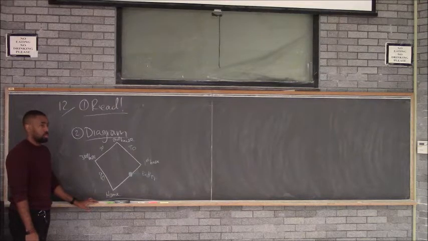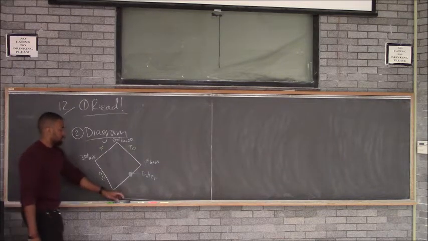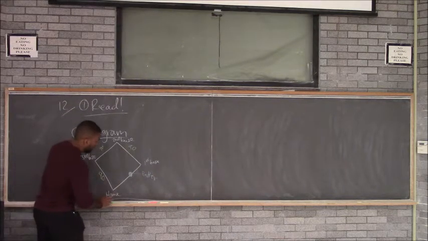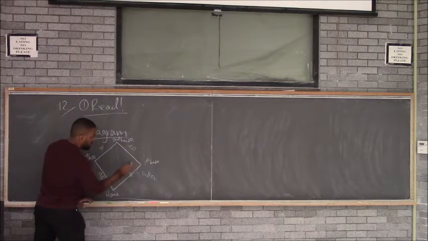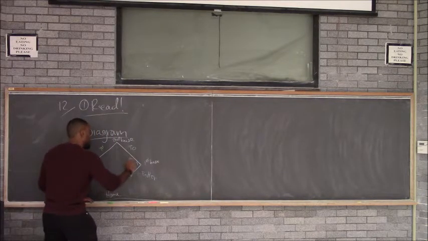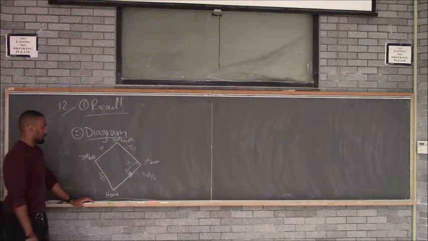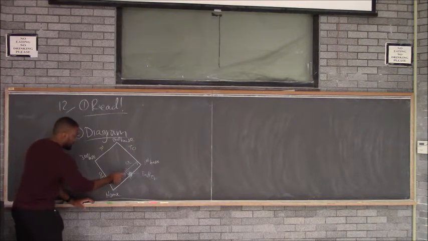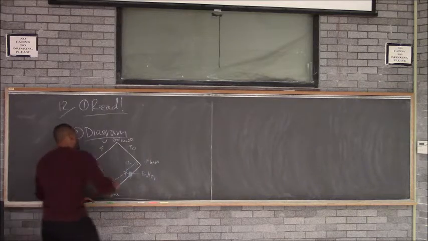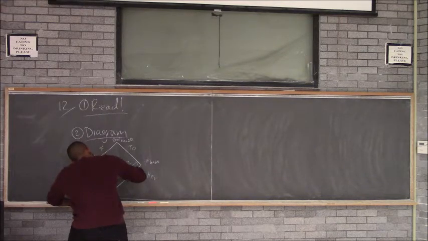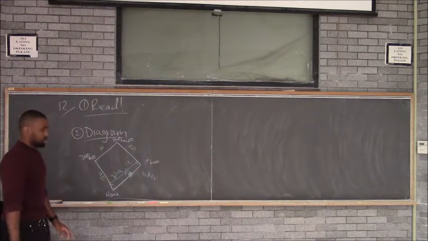Yeah, you would use a variable, so you can mark the distance from the batter to first base as A. So let's call this distance here A. And then the distance from home to the batter is 90 minus A. So that length here would be 90 minus A. Okay.